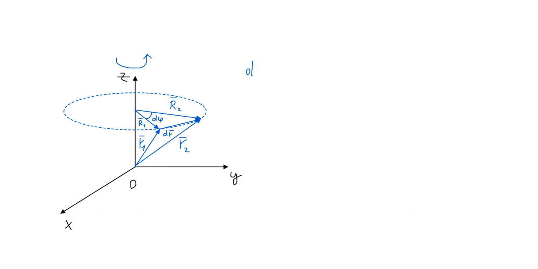Now we consider an infinitely small displacement vector, and for an infinitely small displacement vector, the absolute value of this displacement vector, from our previous week, we know is equal to the path length, ds, where ds is this part of the circle.